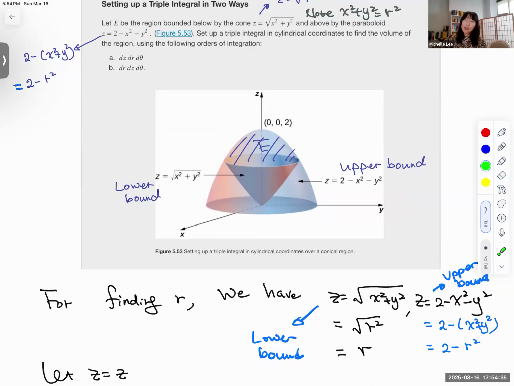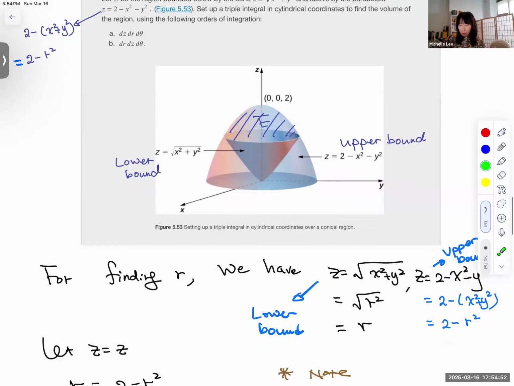When we use cylindrical coordinates, we have to convert everything, so we cannot have things in terms of x and y; we have to write r, theta, z. For the lower bound, from this function, we know x squared plus y squared is r squared, so the square root of r squared is r. We get r for the lower bound.